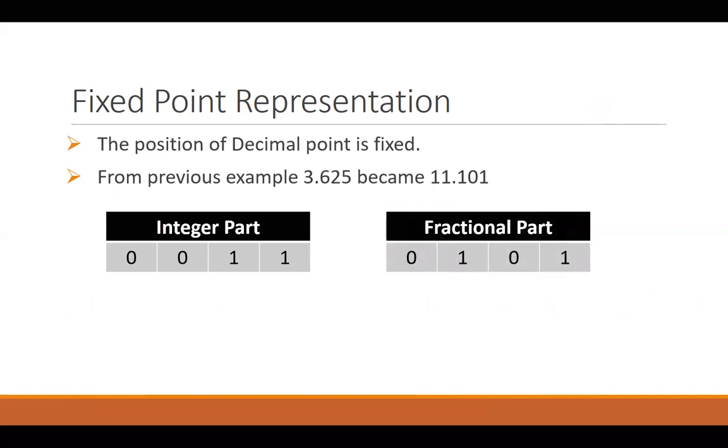For the purpose of my example, I'm using 4 bits for the integer and 4 bits for the fractional part. Remember that your computer has to store fraction and integer separately. Your computer does not have any specific box or any specific register for your binary point.